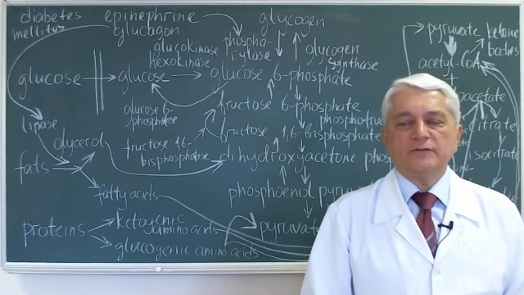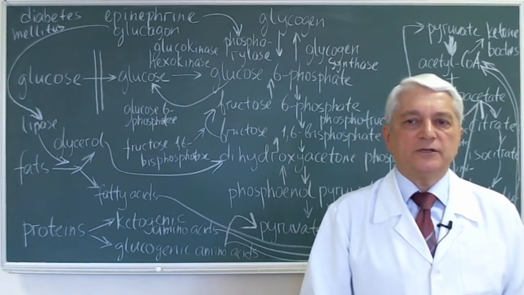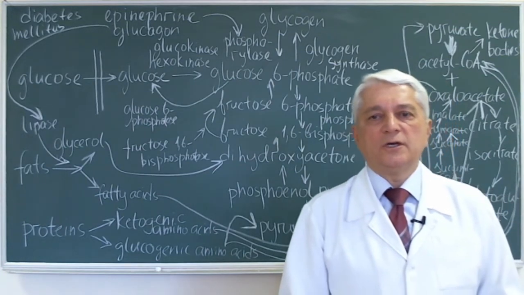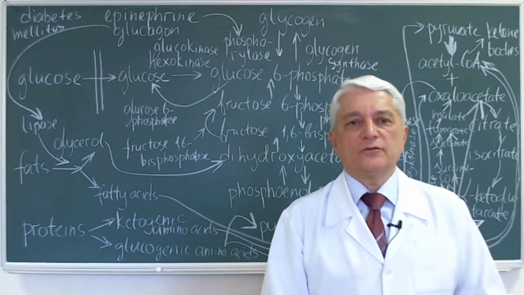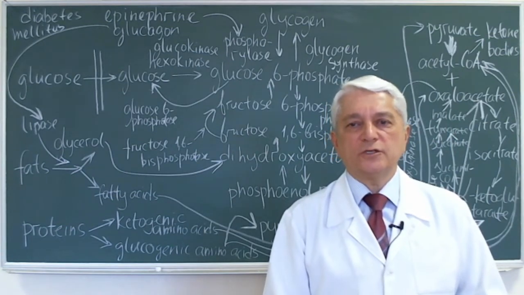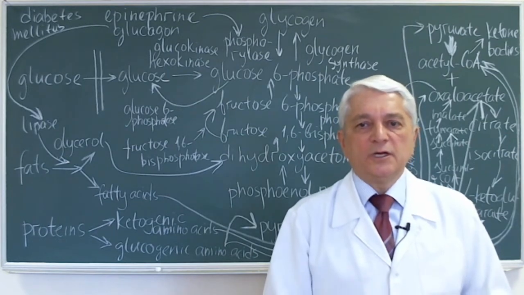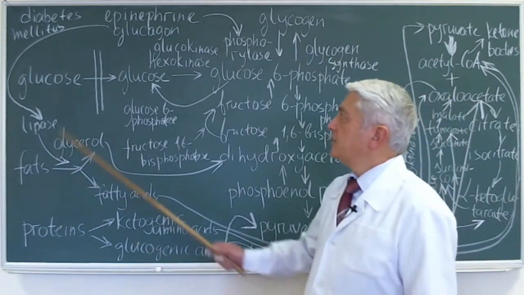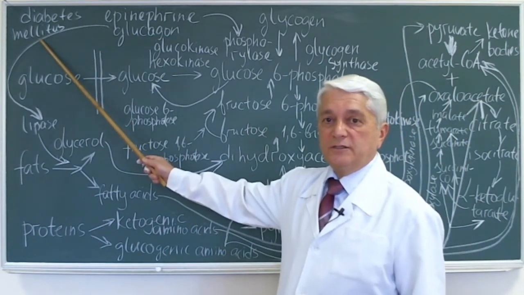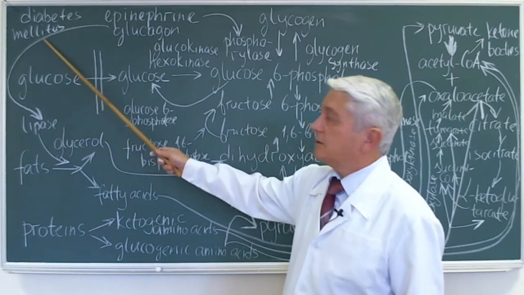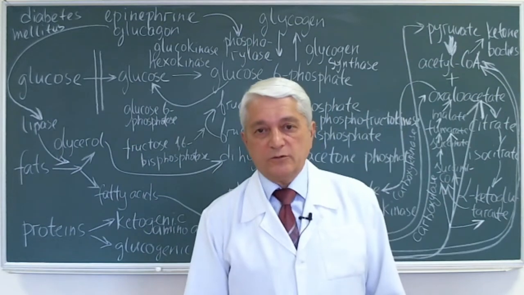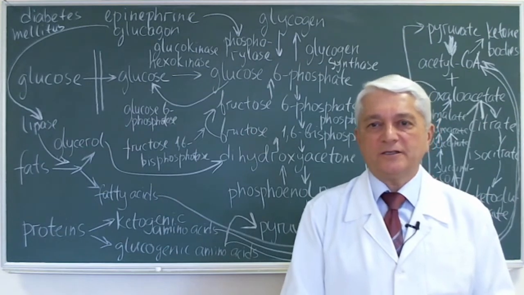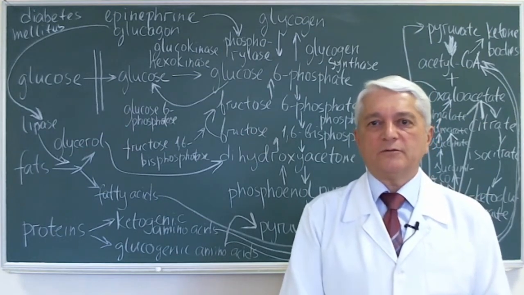Only in the 17th century did scientists understand that this disease is also connected with an increased concentration of glucose in urine and in blood serum, and the disease obtained a second word in its name: mellitus. Mellitus in English means honey.